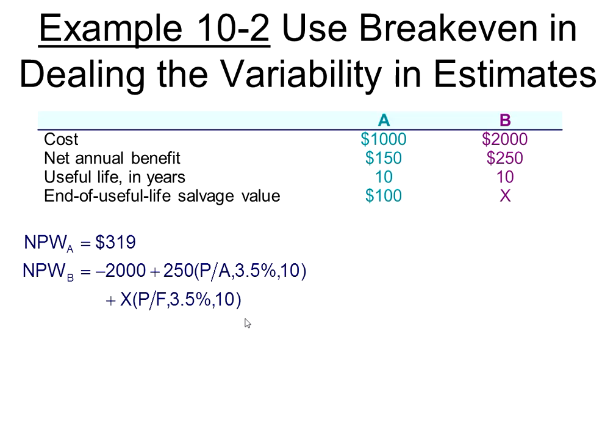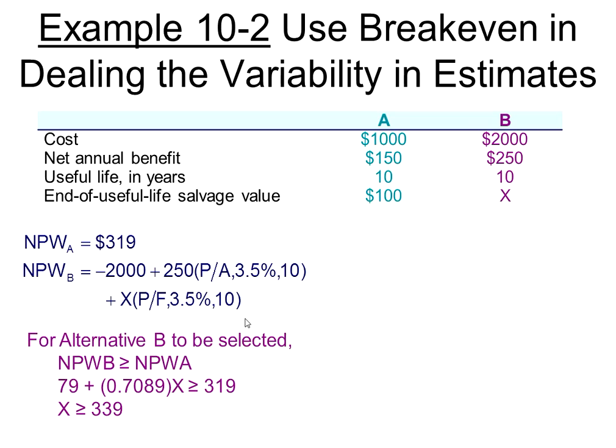To find the break-even, we set these two equal, or if you want alternative B to be selected, we require the net present worth of B to be greater than or equal to the net present worth of A.